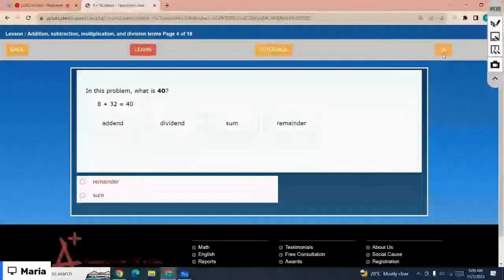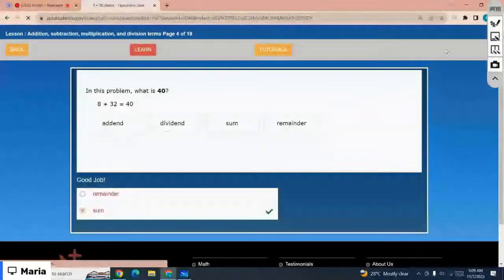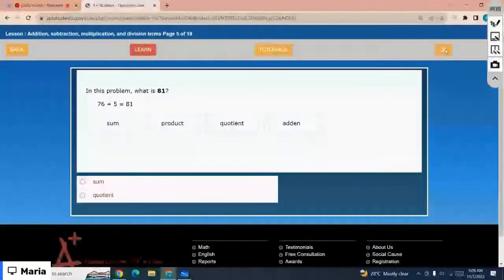Yes, 40 is the sum of the numbers that are added. They both are the addend, and that is their sum. Okay, the next one is 176 plus 5, which is the correct option?